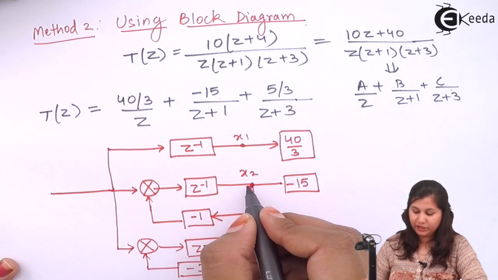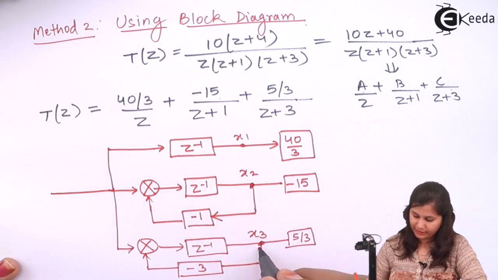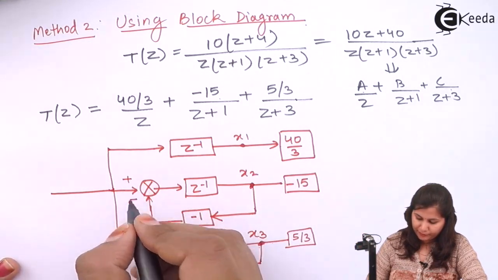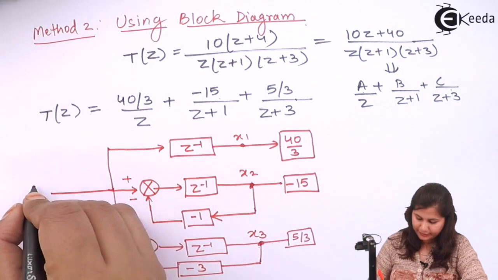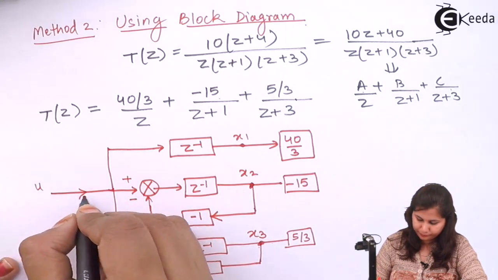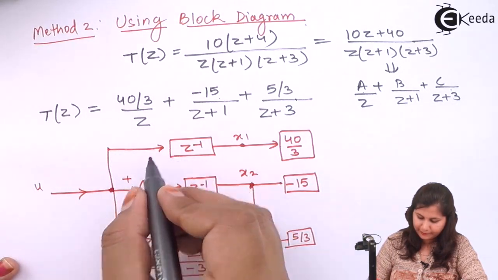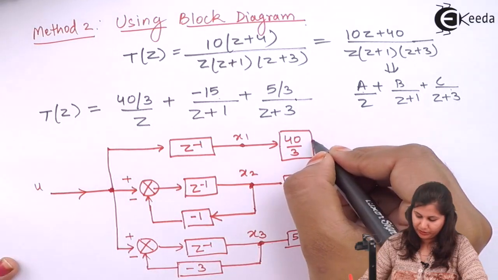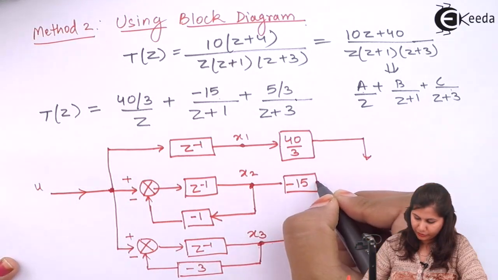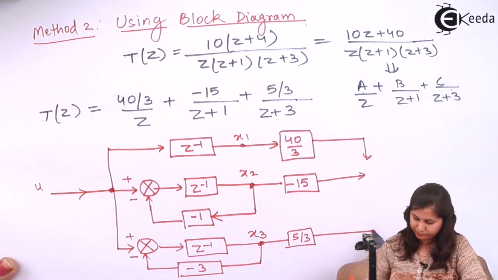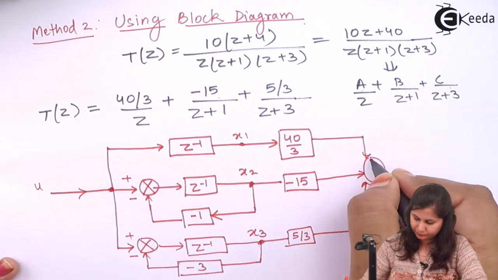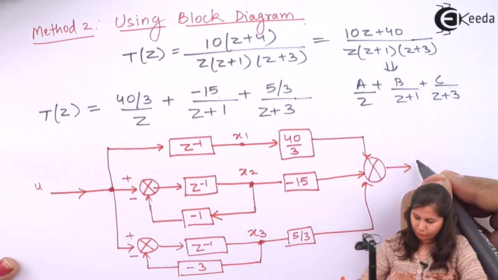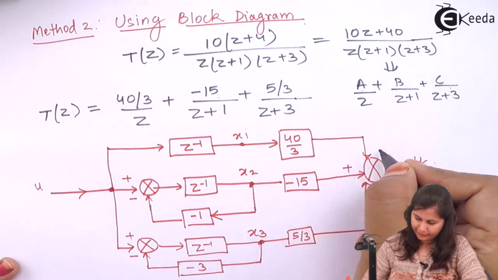The output of each unit delay will be our state variable. Here we have plus and minus. This is our input u. This input is given to each of the 3 parts, and the outputs are summed up. The output of this summing point is y.